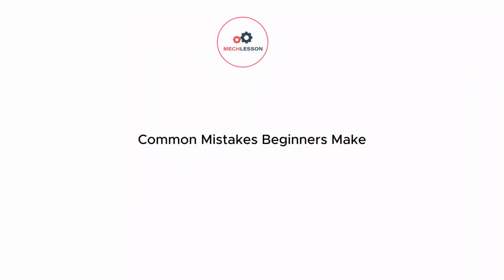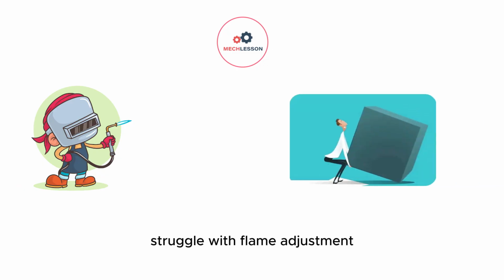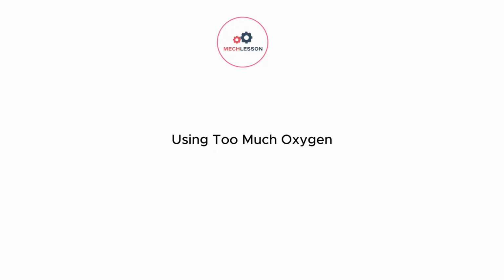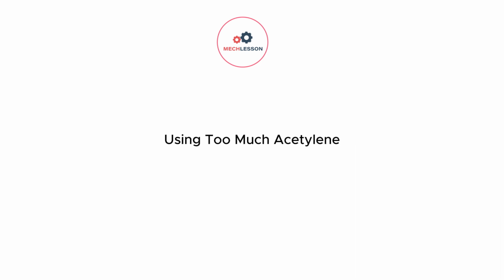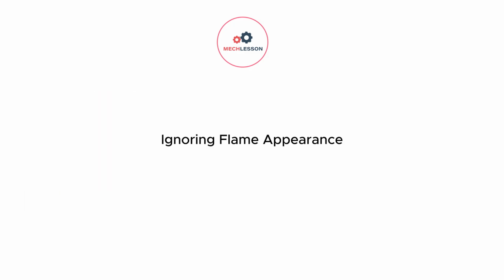Common mistakes beginners make. Many new welders struggle with flame adjustment. Some common mistakes include using too much oxygen. This often creates an unintended oxidizing flame. Using too much acetylene. This leads to excessive carbon contamination. Ignoring flame appearance.